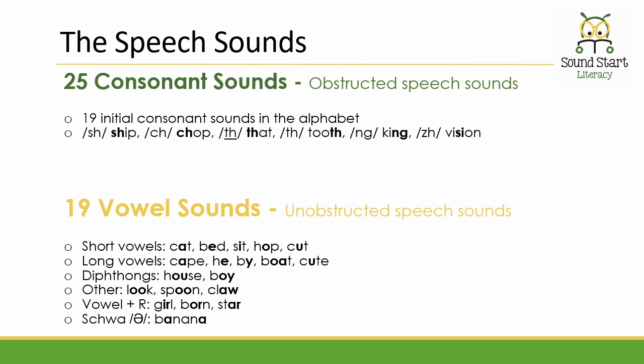And then we'll move on to two-letter consonant spellings, often referred to as digraphs. So we have sounds like ship and chop that have two letters that will represent one sound. And then we have a variety of vowel sounds. So when we get into all of the different ways of spelling the vowel sounds, that's when we're working in what we call the advanced code. We'll talk about that in a little bit, but you can see all the different examples of the vowel sounds.